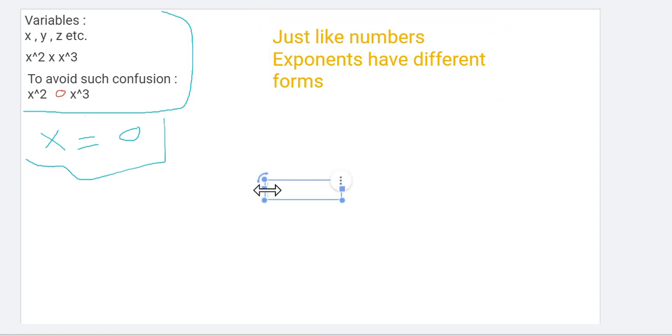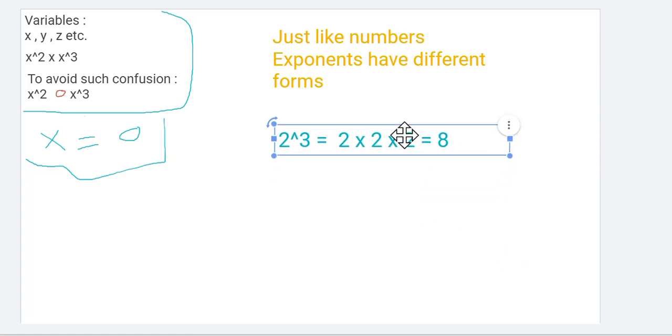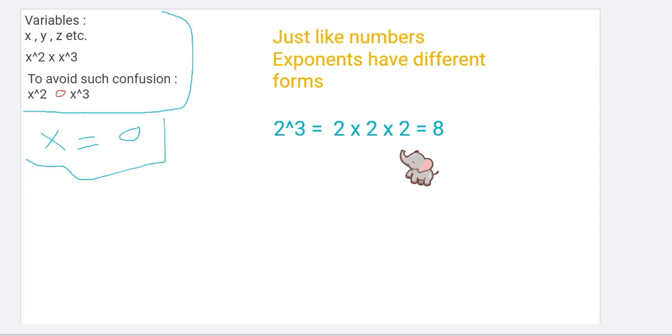Previously on the last page we wrote 2 to the power 3 is equal to 2 into 2 into 2, which is equal to 8. Here come our forms of exponents.